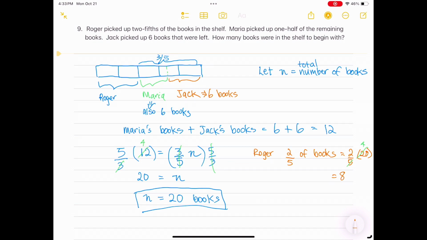So Roger picked up 8 books, and then we have Maria's books, which were 6, and Jack's books, which were 6. Does 8 plus 6 plus 6 equal 20? And we figure that yes, it does. So therefore, the solution, n equals 20 books, is correct.